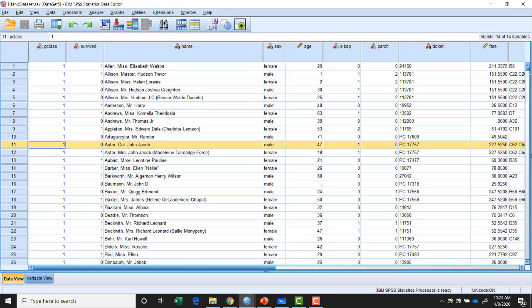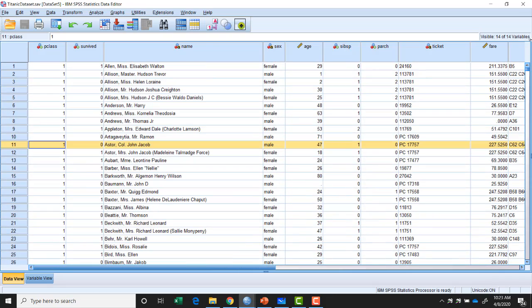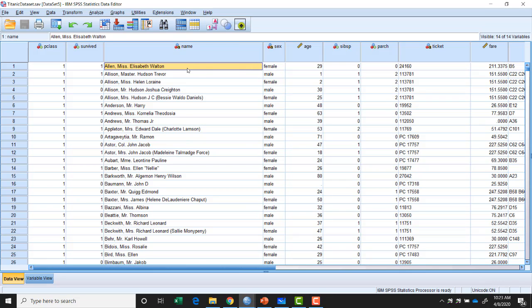But just as an aside, we have the whole passenger log here. We have their class, whether it's first, second, or third class, whether or not they survived, their age at the time, and their gender, male or female. So let's go through and do the analyses.